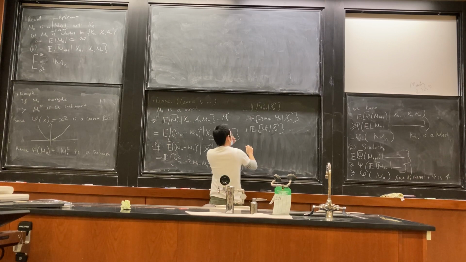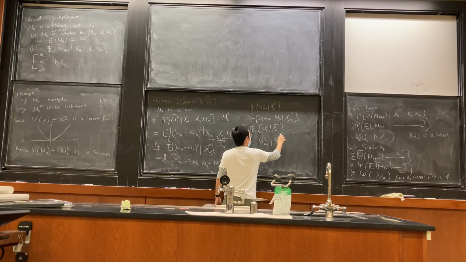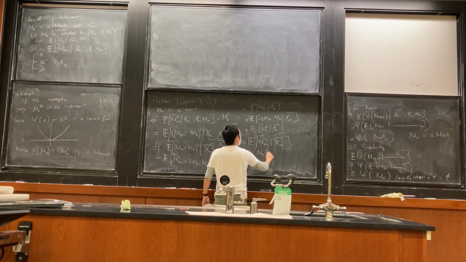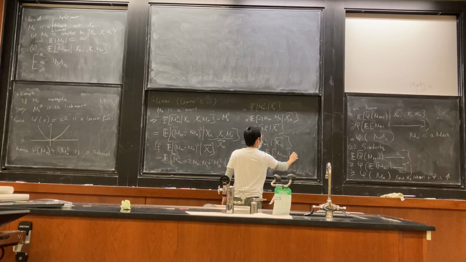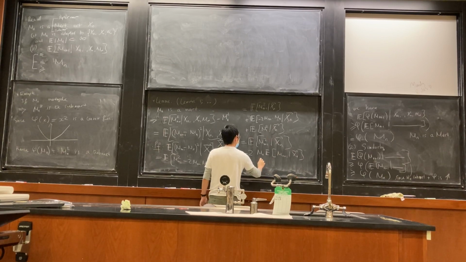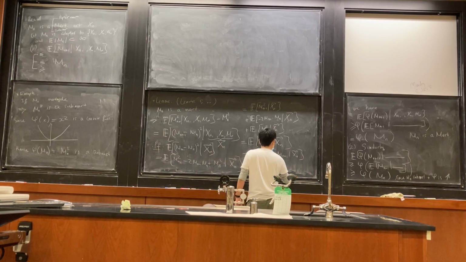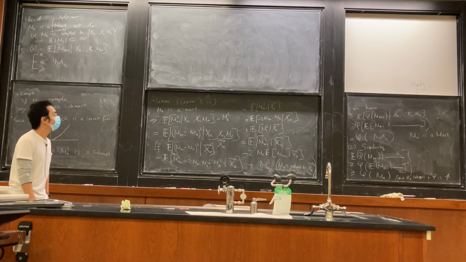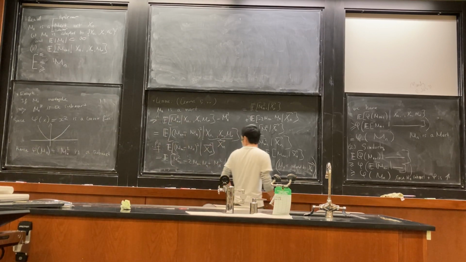Let me rewrite everything. The expected value of Mn plus 1 squared conditioned on the past, then minus 2 times Mn times the expected value of Mn plus 1 conditioned on the past, and then the last term is just itself, Mn squared, because Mn is adapted to the past. Now we invoke the martingale property.